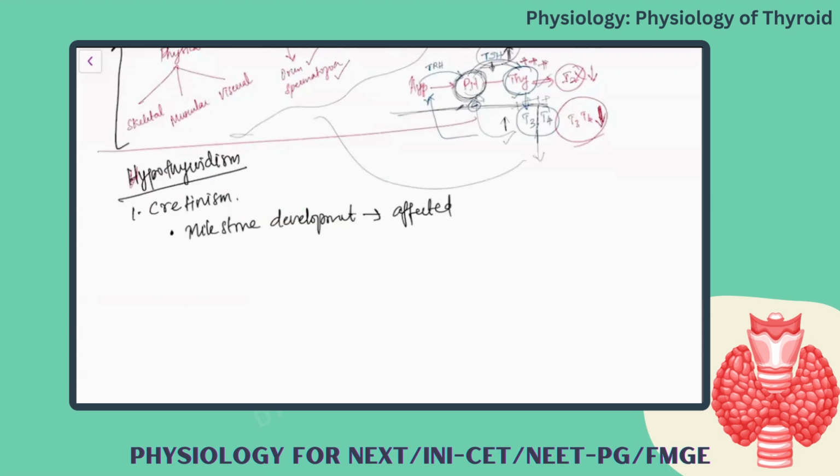How will you assess milestone development? What is the first thing you will observe in milestone development? Once the baby is born, immediately, what is the first event you will notice in milestone? Neck stiffness. The neck should be holding in its position.